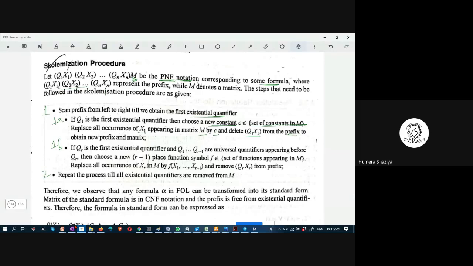If Qr is the first existential quantifier and Q1 up to Qr minus 1 are universal quantifiers appearing before Qr, then choose a new r minus 1 place function symbol f which does not belong to the set of functions appearing in M. Replace all the occurrences of xr in M by f of x1, x2 up to xr minus 1 and remove Qr xr from the prefix.